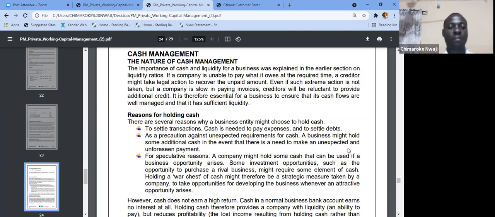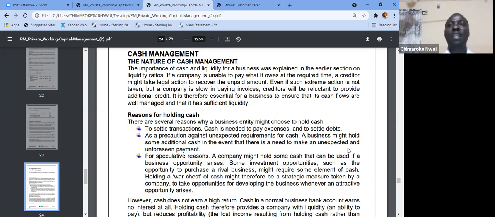Then there may be a speculative reason. Some people want to hold cash because they speculate that it may be difficult to have cash in a particular period, so they hold their cash at that time.